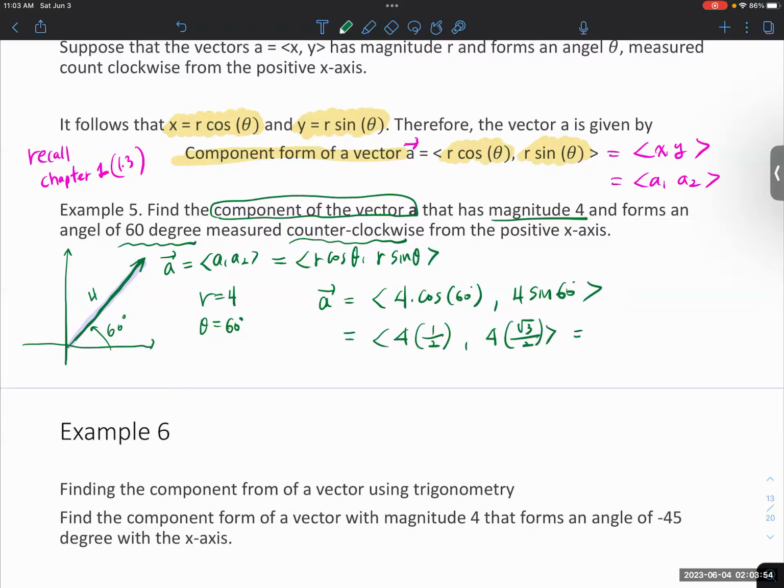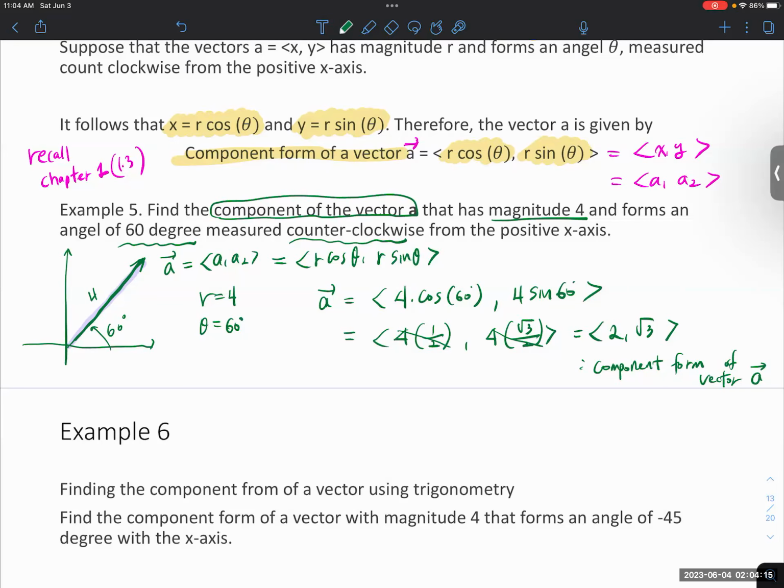So, cancel, cancel, you have 2 comma radical 3. This is the component form of vector A. So we got the answer.